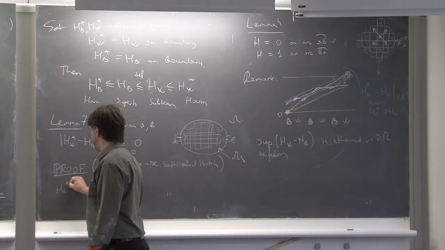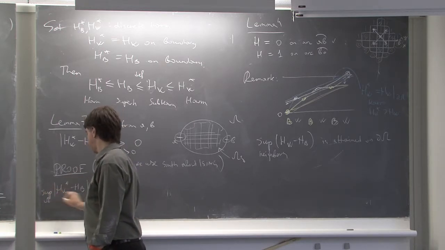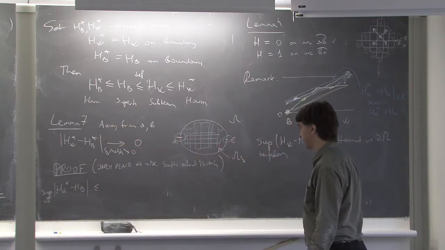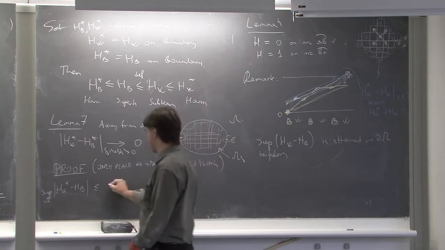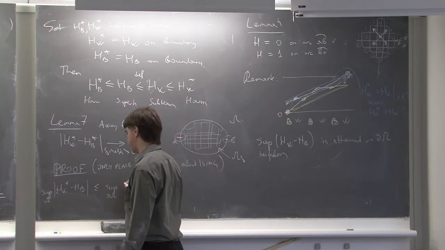So the difference of those two functions, supremum over omega, is no more than the supremum on the boundary of omega.